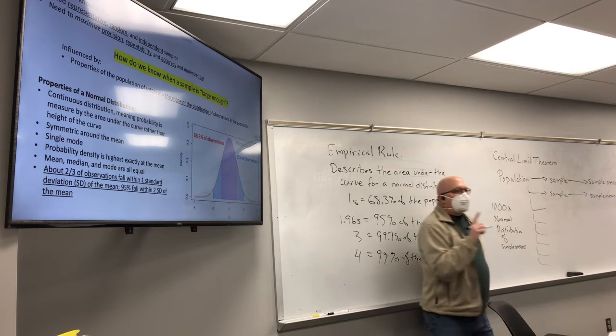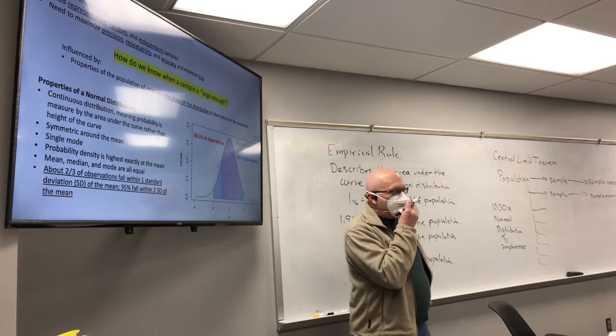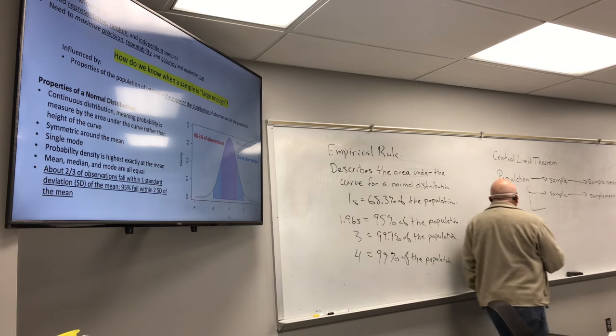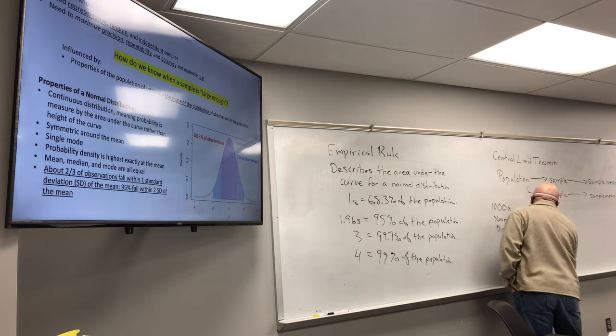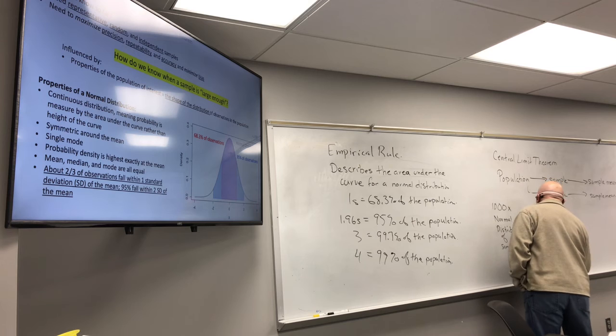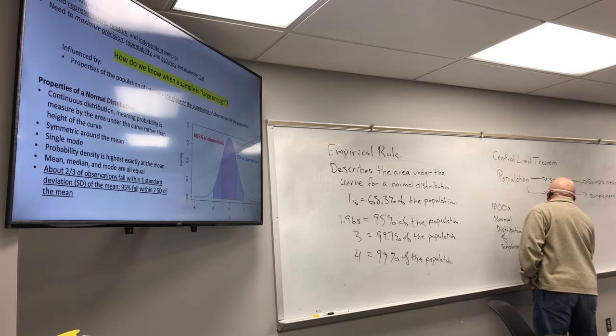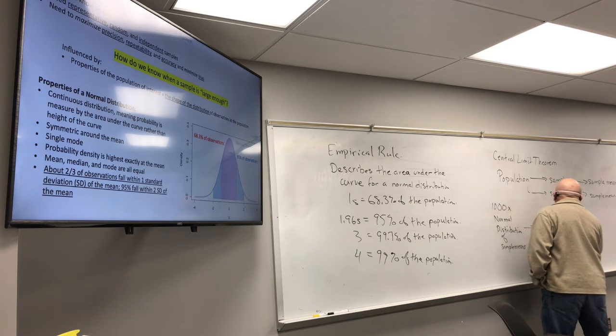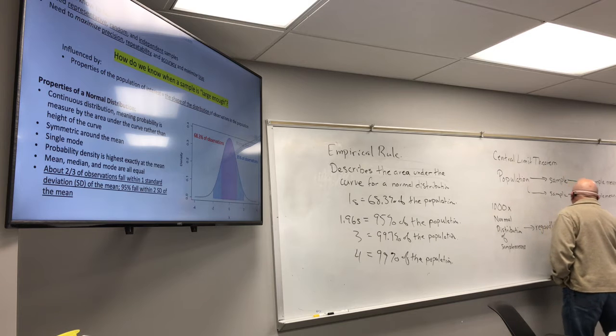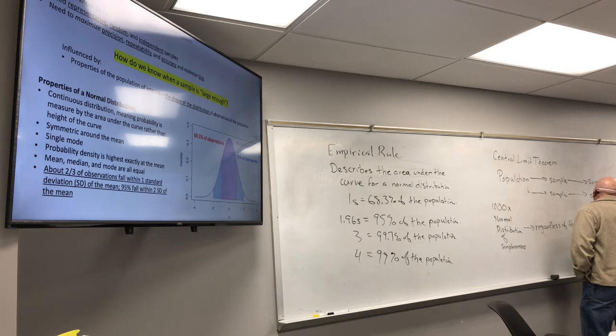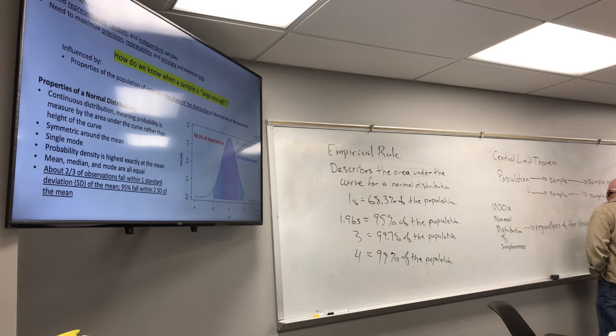But in addition to that being a normal distribution of sample means, it will be a normal distribution of sample means regardless of the shape of the distribution of the original population.